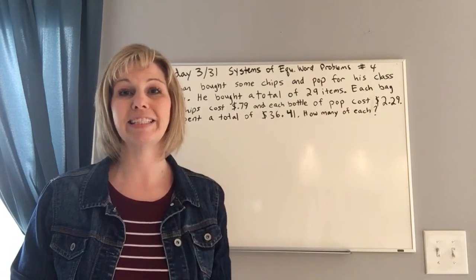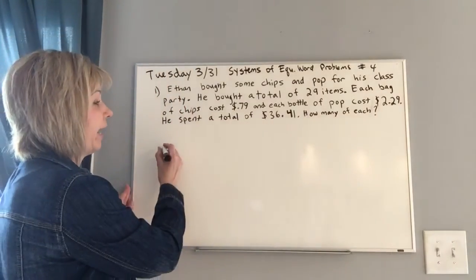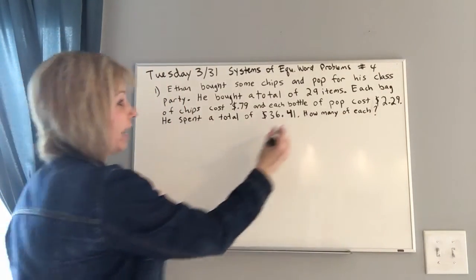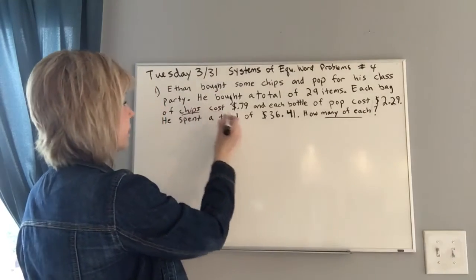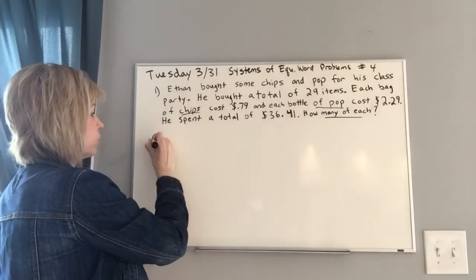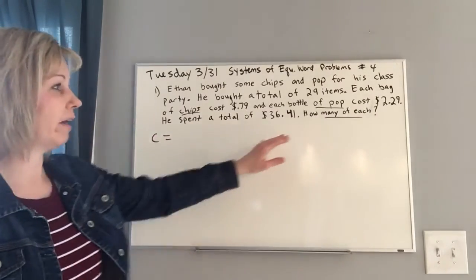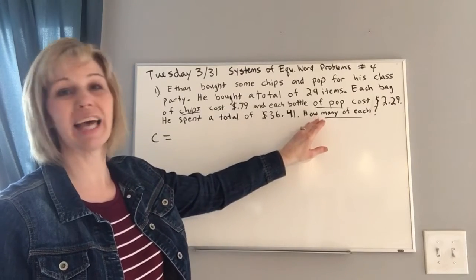Okay, so first, identify your variables. What is it that you're looking for? What are the two things we bought? We are looking for chips and soda pop. So let's go C equals, and then is it the cost of them or is it how many? It's how many.